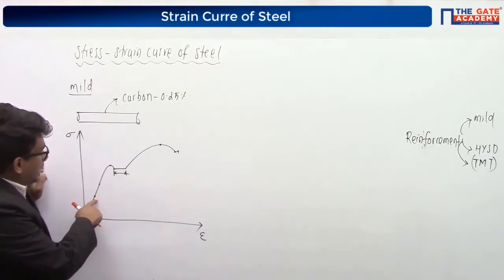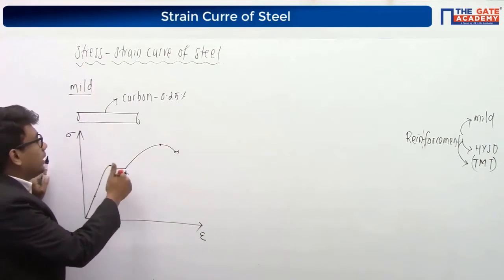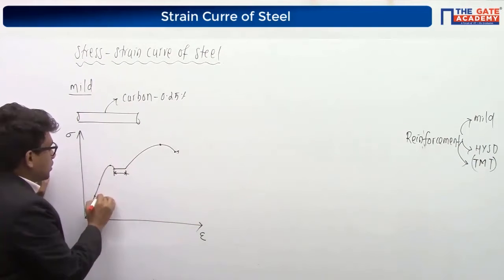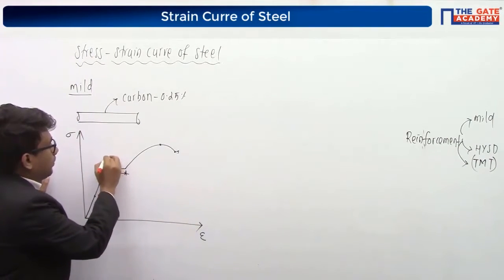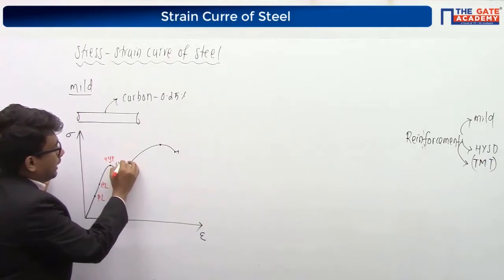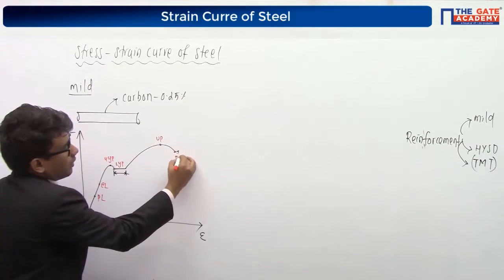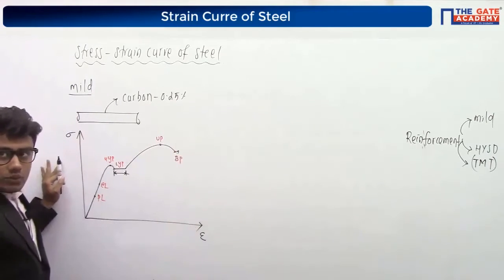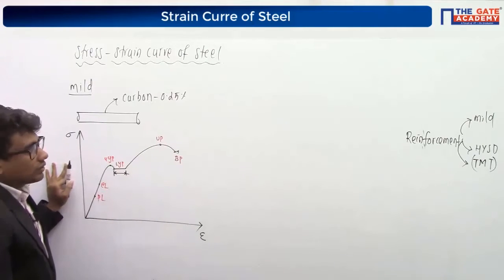We have the proportionality limit, the elastic limit, the upper yield point, the lower yield point, the ultimate point, and the breaking point. These are the different strength values of importance we consider in the stress strain curve.